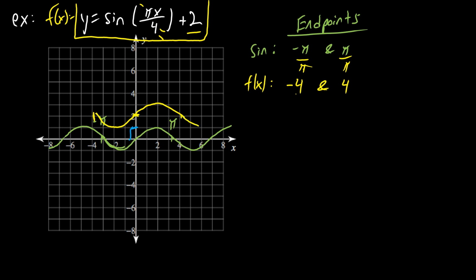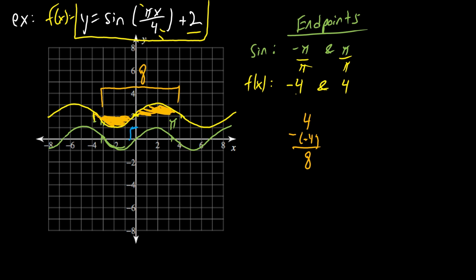I suppose we can continue that. Let's highlight this whole period, or this whole cycle, so we can identify what the period is. What's that distance? Remember, our endpoints are negative 4 and 4. The difference between that is 8.